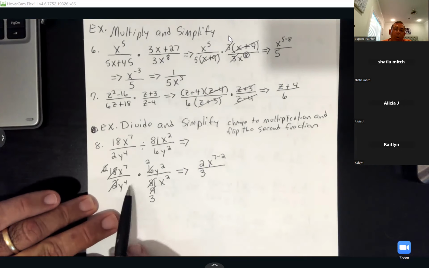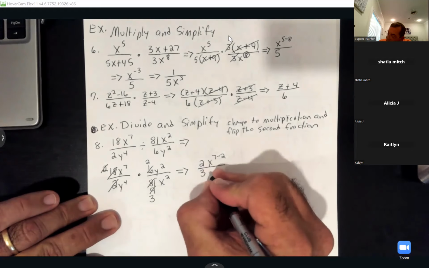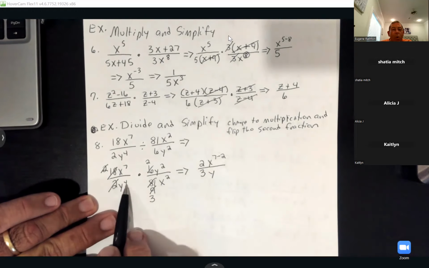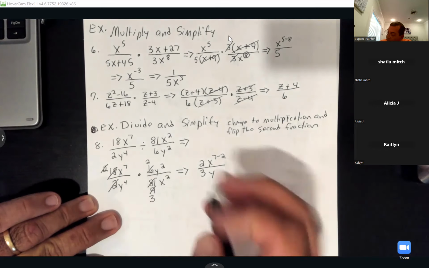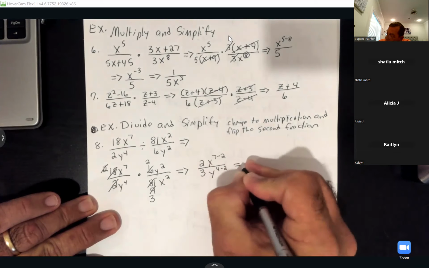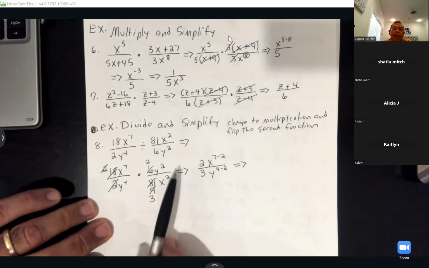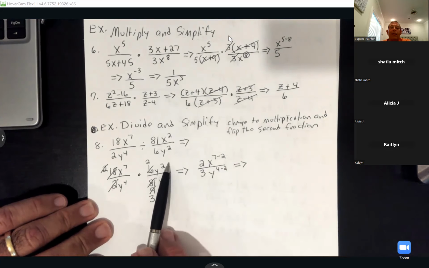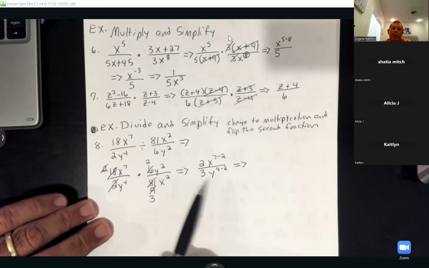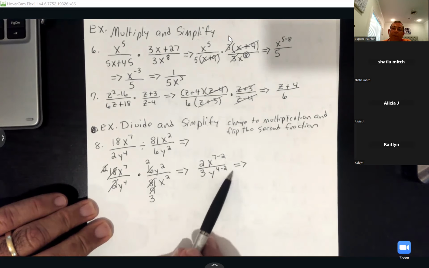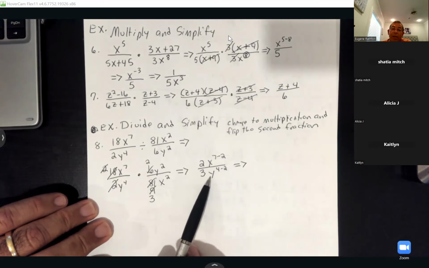So if you want to avoid having negative exponents, since the y is bigger on the bottom, we'll take the 4 and subtract 2 from it. Okay, because if we did it on top, remember 2 minus 4 would have gave me a negative 2, and then I would have had to bring it down to the bottom. So if you take the bigger exponent and subtract the smaller exponent, you'll have positive exponents and you'll be done.